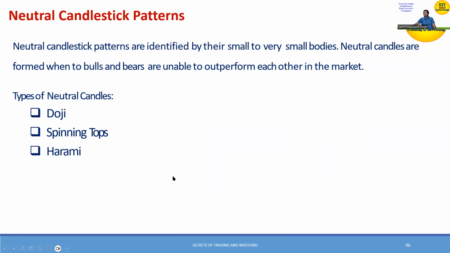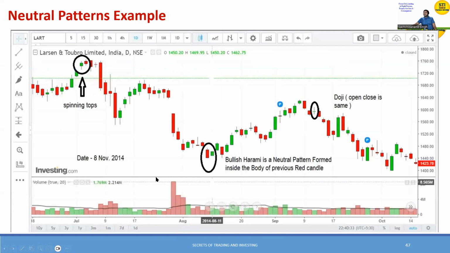So don't be confused. Dojis are very small candles which have a very thin body and maybe good wicks up and down. The color of the body does not matter. It will be a very thin body, red or green.